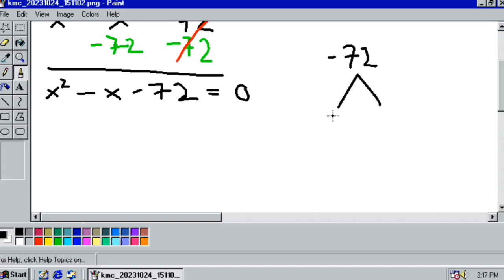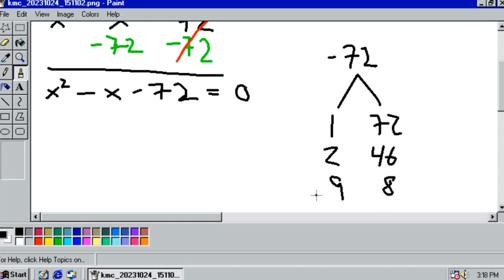We have 1 and 72, 2 and 36, but we can also multiply 9 and 8.